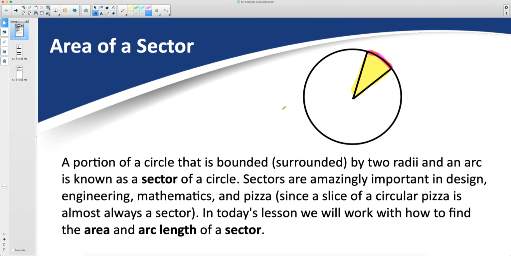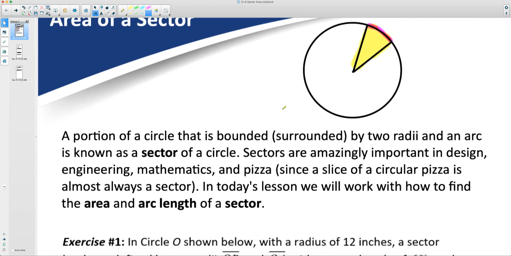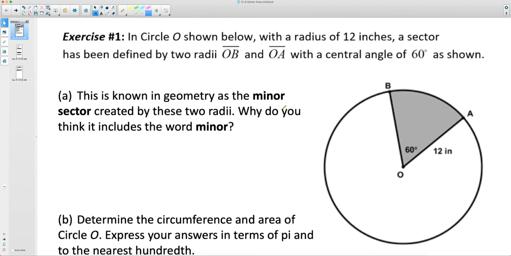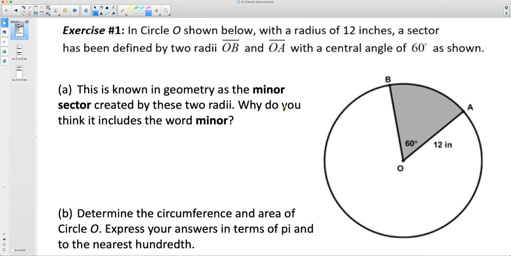So we need to think back to some of the formulas that we learned probably in middle school. Here we go. We have a circle, O, shown below. It has a radius of 12 inches, and a central angle is created by two radii, and it's 60 degrees. This is known as a minor sector. Why do we think this is called a minor sector?